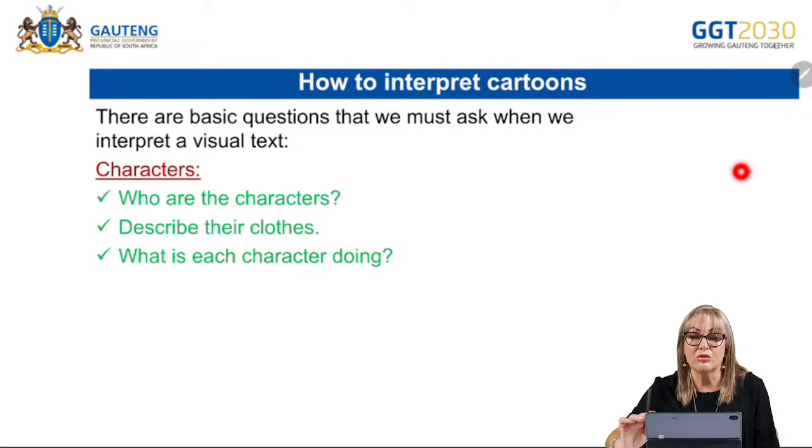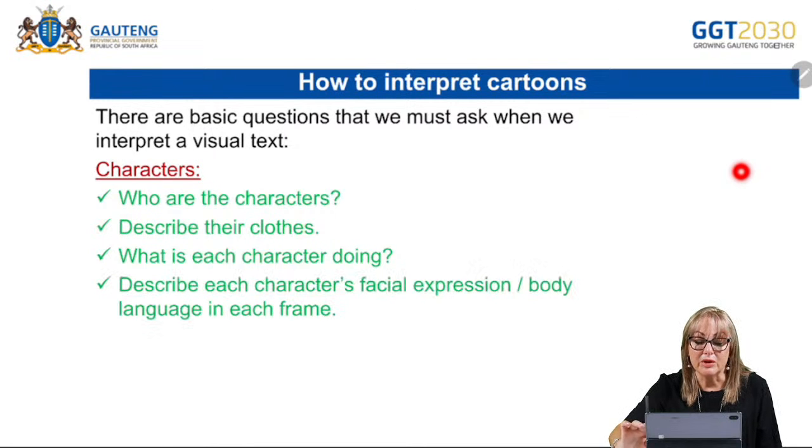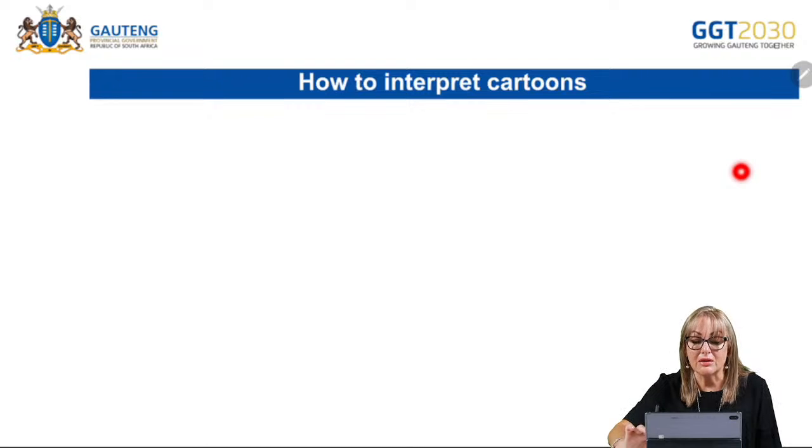This you do now by yourself when you look at the cartoon. Describe their clothes to tell you what type of person each character is. What is each character doing? Look at the character's facial expressions and body language in each frame and try to understand it. The setting.